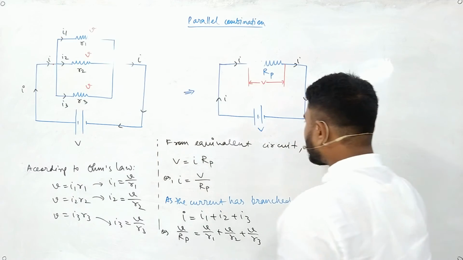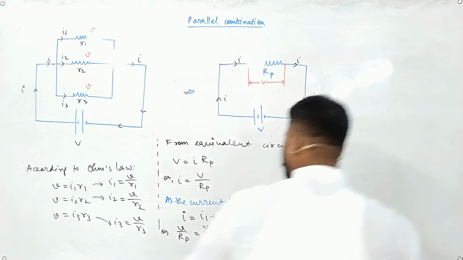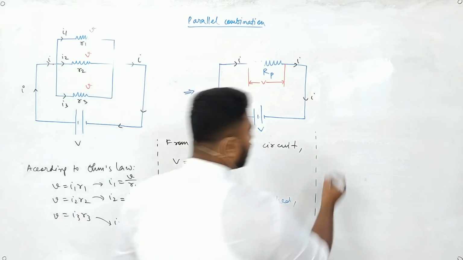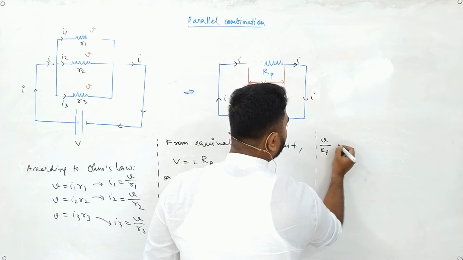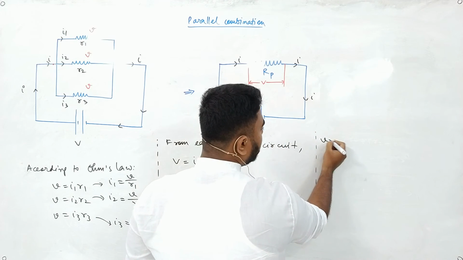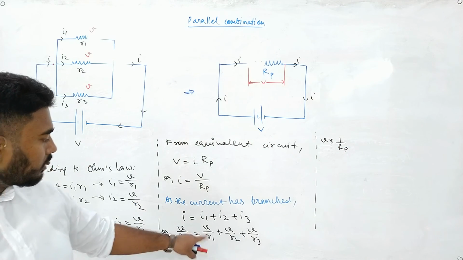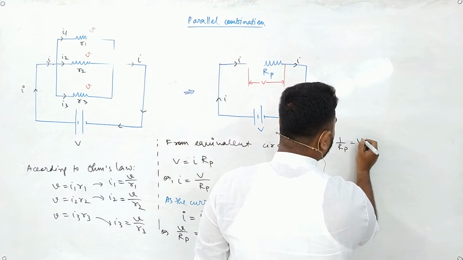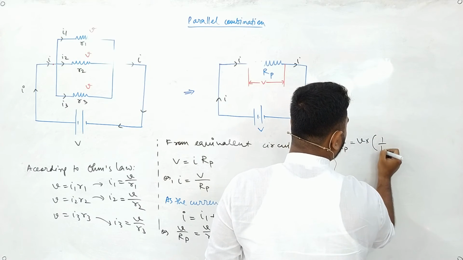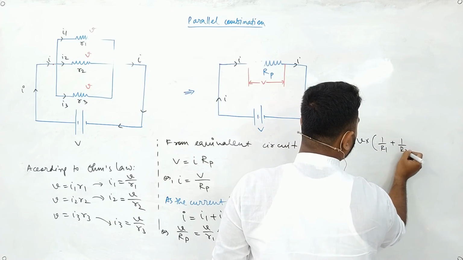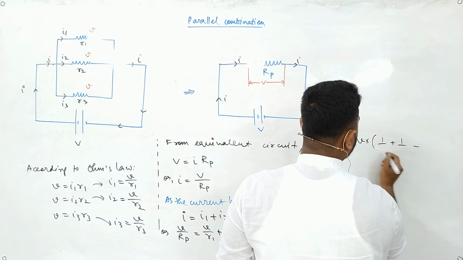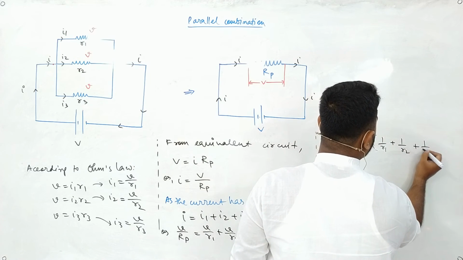Okay, if I take V as common, can I write V by RP as V times 1 by RP? Can I write this? And if I take V as common, can I write V times 1 by R1 plus 1 by R2 plus 1 by R3?